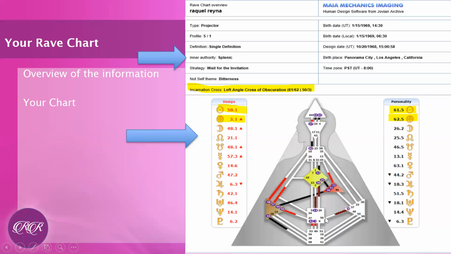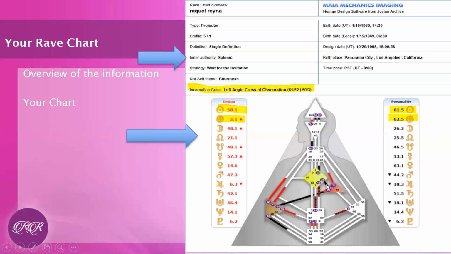Now, when 2 gates come together, so for example, my gate 25, you'll notice that my gate 25 right here is in the south node.